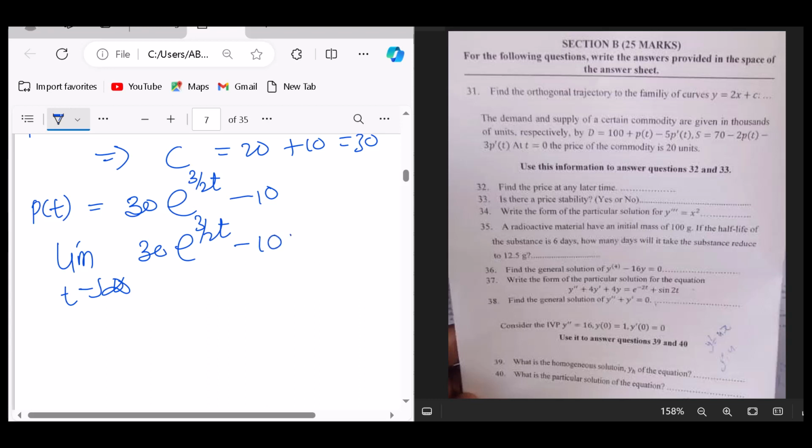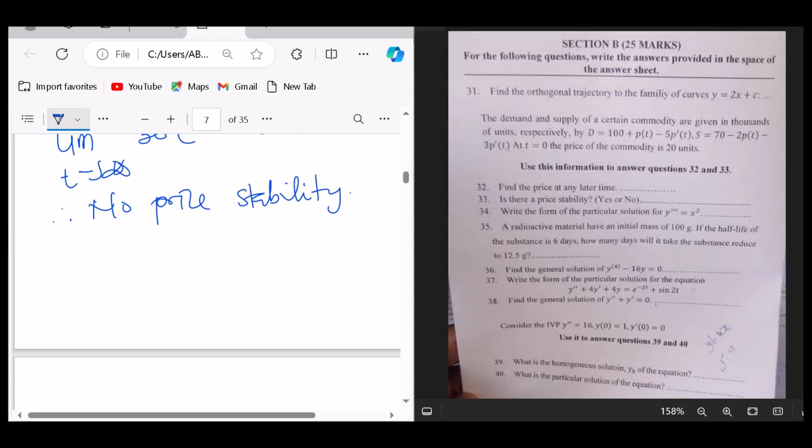As t goes to infinity, this goes to infinity. So we can conclude no price stability. Okay, that's 33. So we've answered 32, 33.